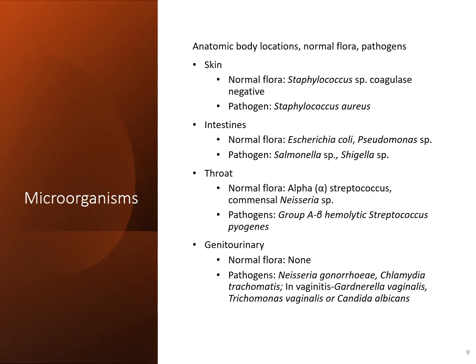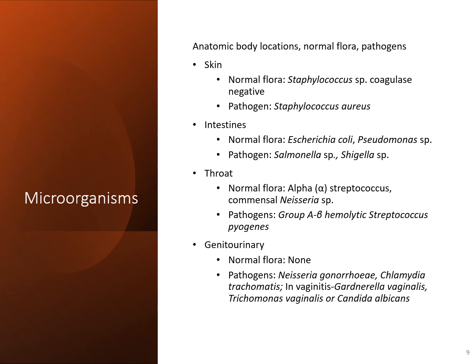Here we have some examples of normal and pathogenic flora in different body sites. Within the intestines, your normal flora would be E. coli and Pseudomonas. However, you can be affected by a pathogen, for example, Salmonella or Shigella. You may be familiar with Salmonella from exposure to raw or undercooked chicken.